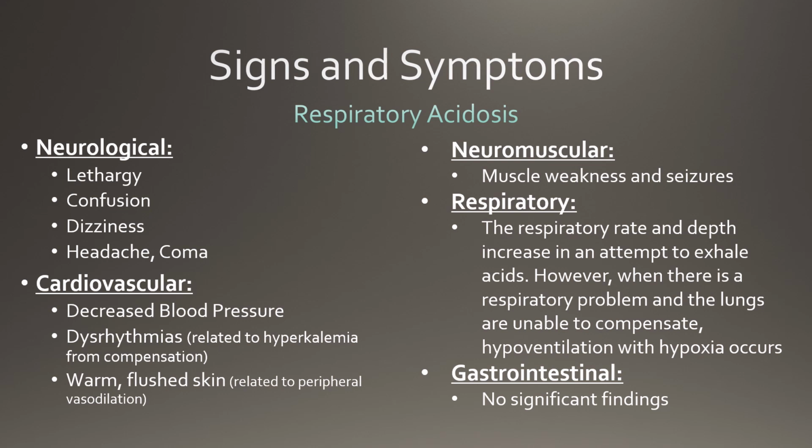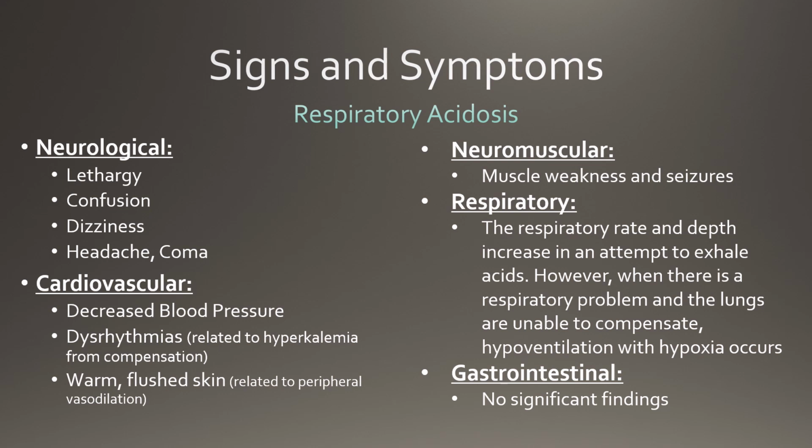That's why we would look at the electrolyte panel, paying attention to potassium, and warm, flushed skin related to peripheral vasodilation. In the neuromuscular area, we would see muscle weakness and seizures.